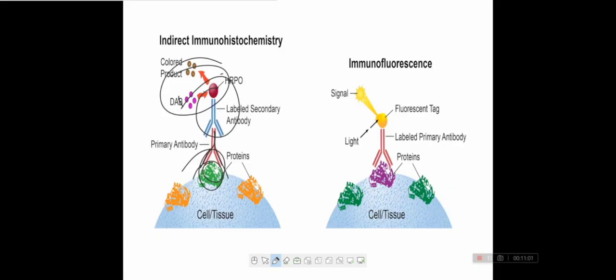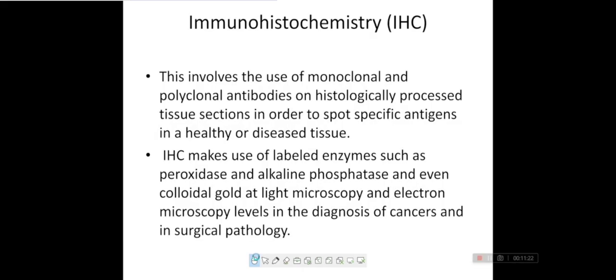In this, the primary antibody has a fluorescent tag. When it reacts with the antigen, it produces a signal. So basically, this is a technique of the antigen antibody reaction.